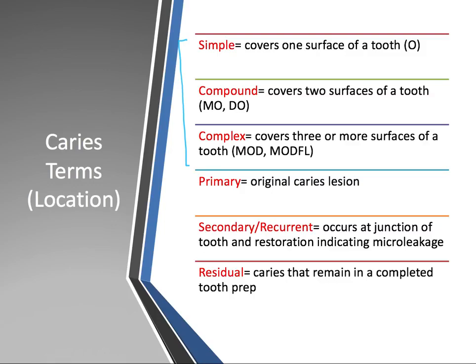Sometimes that's done on purpose, but most of the time it's not. And it's an unfortunate thing when that happens, that caries was left behind, and that is residual caries. Recurrent caries occurs when that restoration was done, caries was completely removed, and then at a later date, caries now affected that area. So some really good location terms.